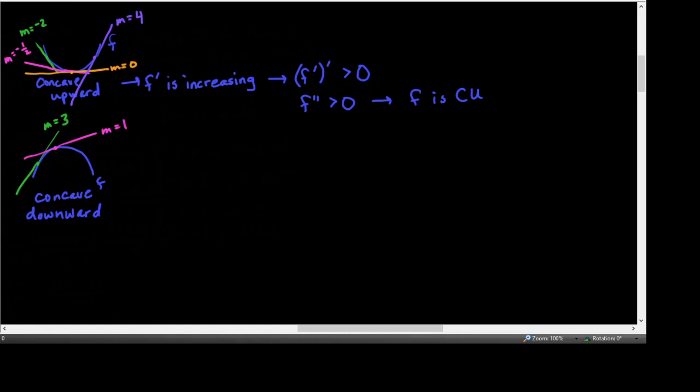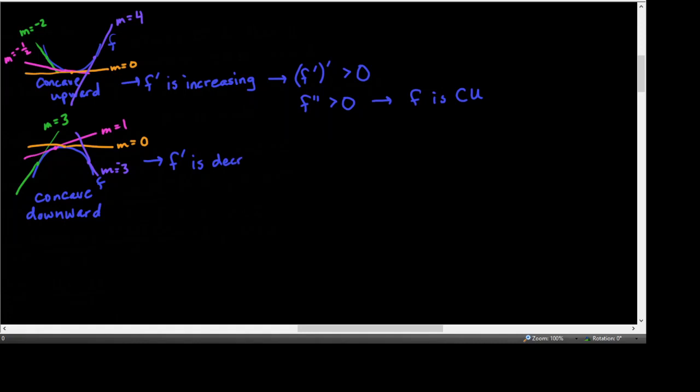And this slope is 0. And this slope is -3. So what's happening as we move from left to right? Well, the slopes are decreasing. That is, f prime is decreasing.